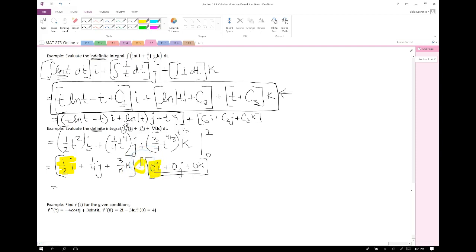And we do that for each of them if there were some non-zero values in that second vector. But when we do all these subtractions, we're just subtracting 0 every time. So we're left with what we had when we plugged 1 in, which is 1/2 i plus 1/4 j plus 3/4 k.